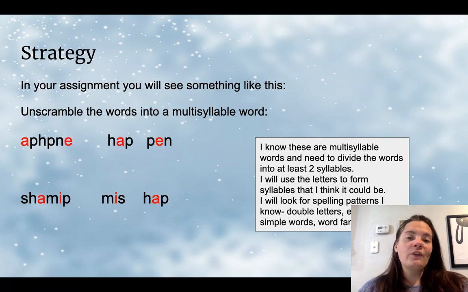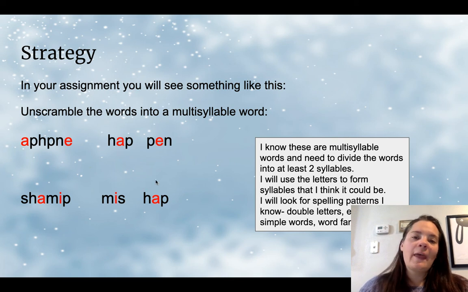So letters that kind of go together often. So here I have the small word pen, which will help me. I also have the double P. So I'm going to make sure that those P's are together. Over here, I have the simple word miss. Okay? And then both of these have that syllable hap in them.